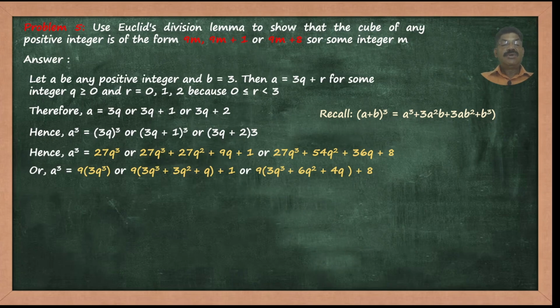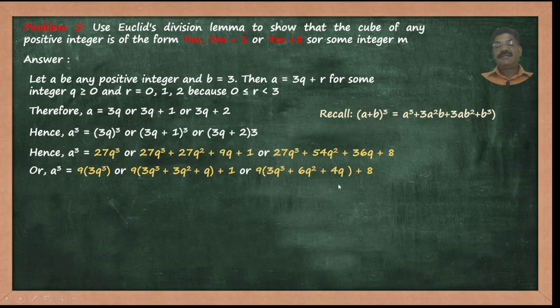So 27q cube can be written as 9 into 3q cube. Consider the second term. 27q cube plus 27q square plus 9q plus 1 can be written like this. In the first three terms, 9 is common, you take it outside. Therefore, 9 into 3q cube plus 3q square plus q, plus 1. Look at the last form.